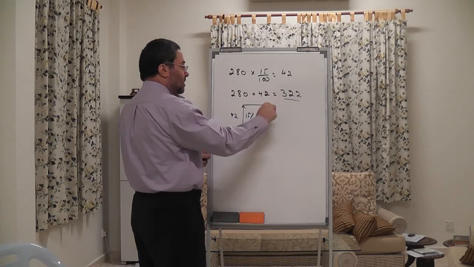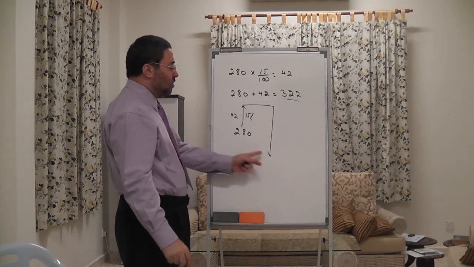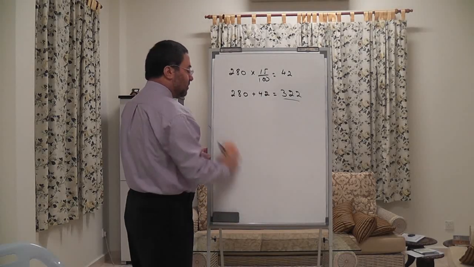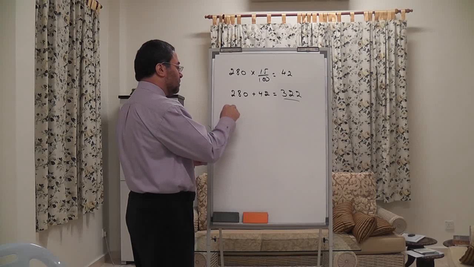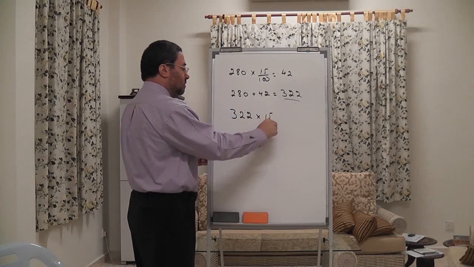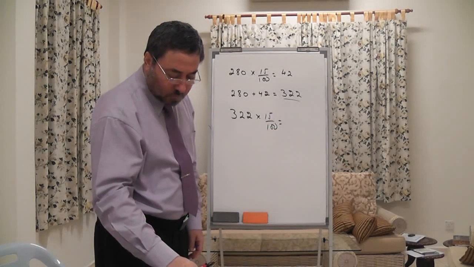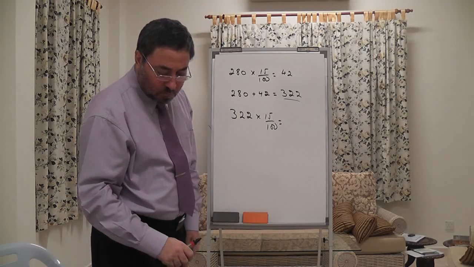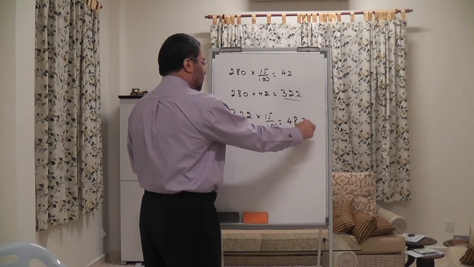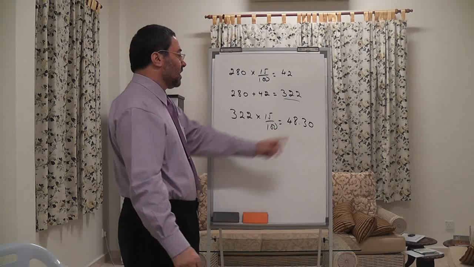This is a bigger number, so the 15% will be bigger, so he will be a little bit below 280. So let's get the 15% of 322. $48.30. So he went up 42, now he is coming down 48.